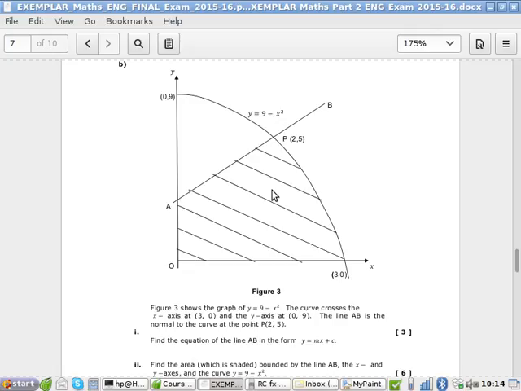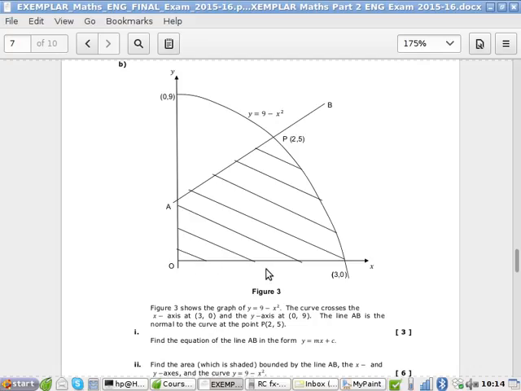I know it looks like it's from 0 to 3, but from 0 to 2 and from 2 to 3. Yeah, you need to break this into 2 halves. You need to go from 0 to 2, which is to here, and then plus 2 to 3, right?